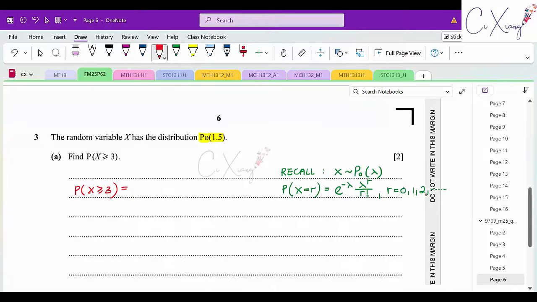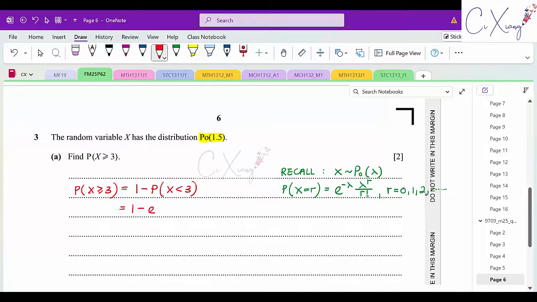So it is quite impossible for us to find the probability like that. What we do instead is take 1, the overall probability, then subtract the values of X that we don't want. We don't want all the values of X smaller than 3, which means X equals 0, 1, and 2.